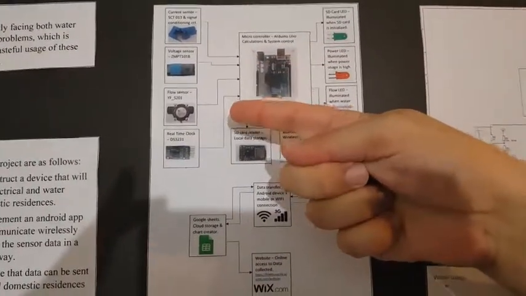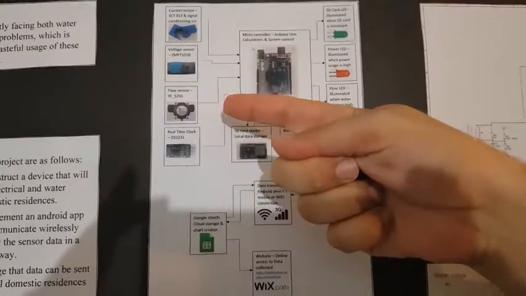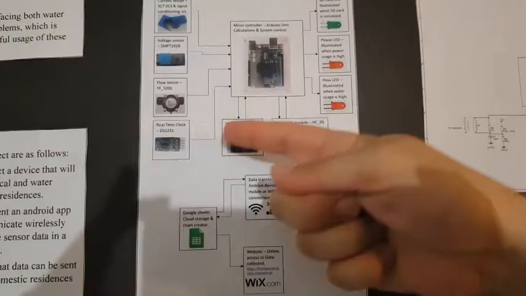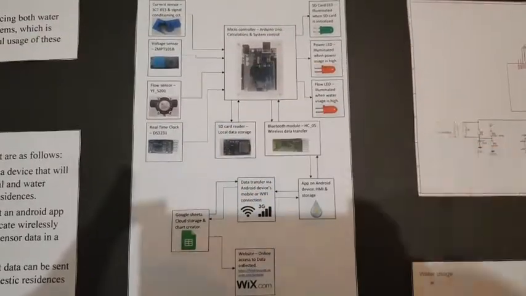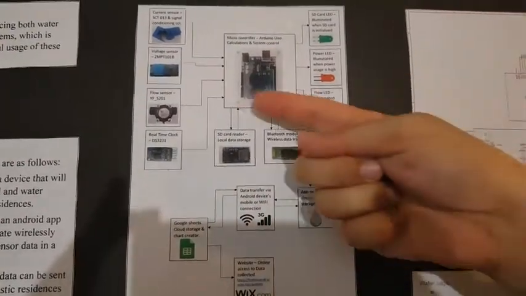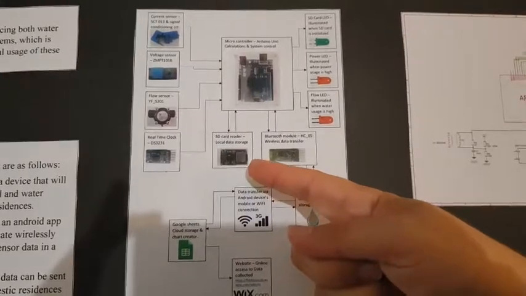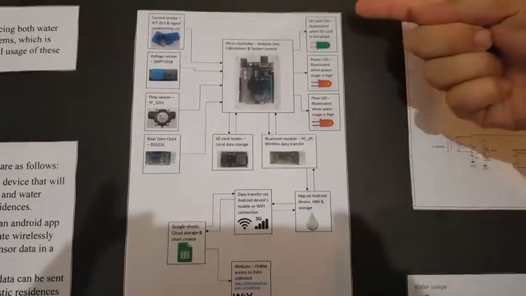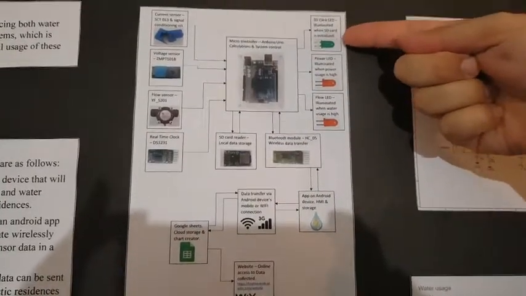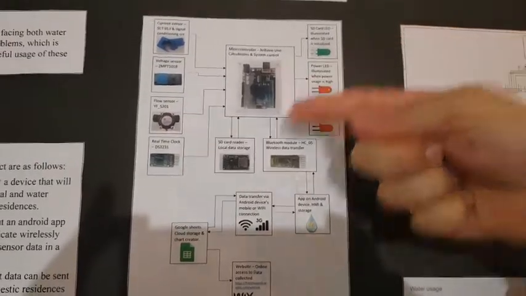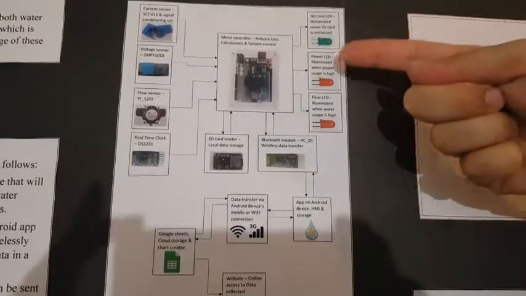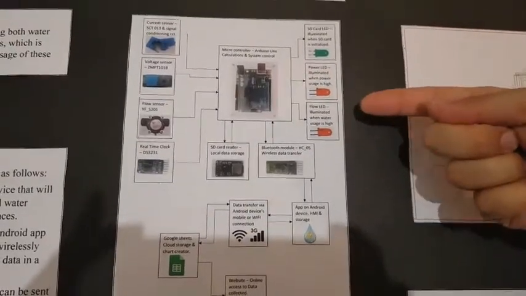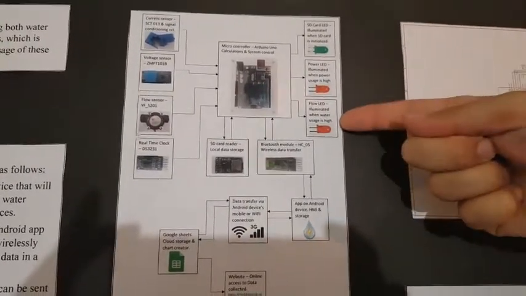It is monitoring domestic flow through a flow meter, and a real-time clock provides timestamps for the monitored values. This is stored locally in the SD card reader with a green LED to state if the SD card has been initialized and if the system is working. It has two LEDs for high usage of power and water.